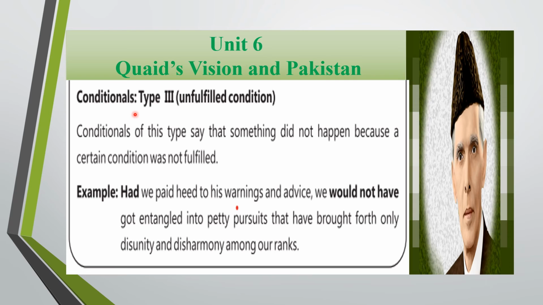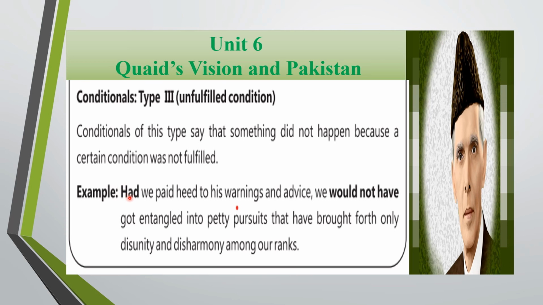Now, let's talk about type 3 conditional sentences. Conditionals of this type say that something did not happen because a certain condition was not fulfilled. For that reason, they are also called as unfulfilled condition or unreal past because the action has happened in the past and there is no chance of happening it again.